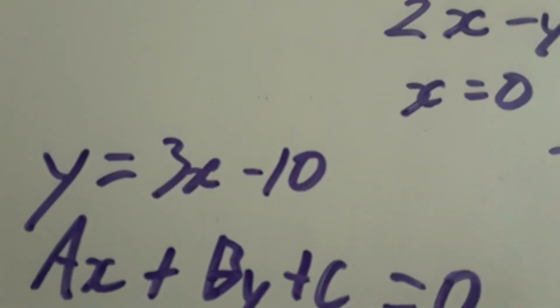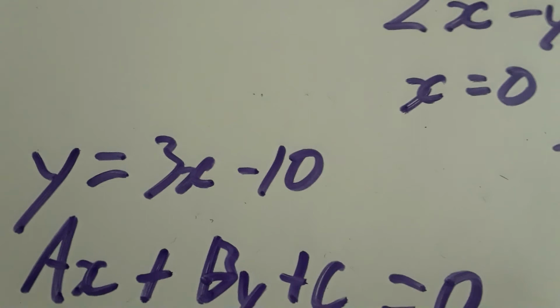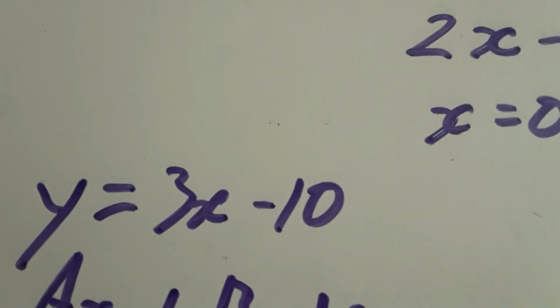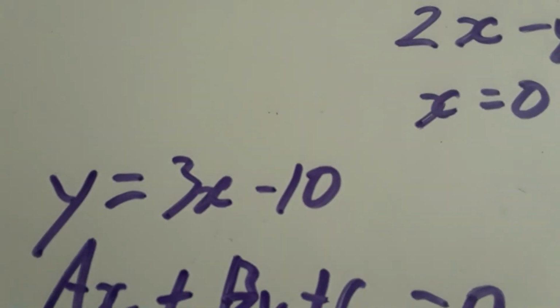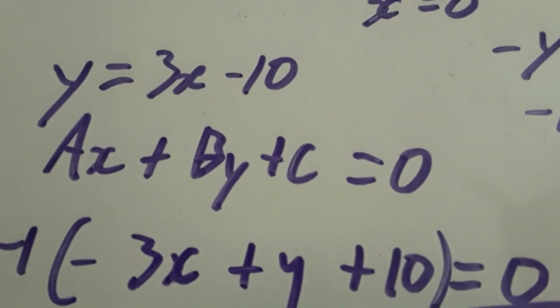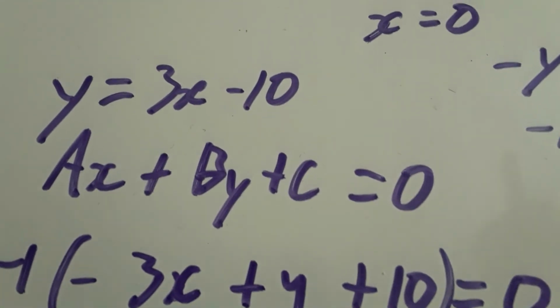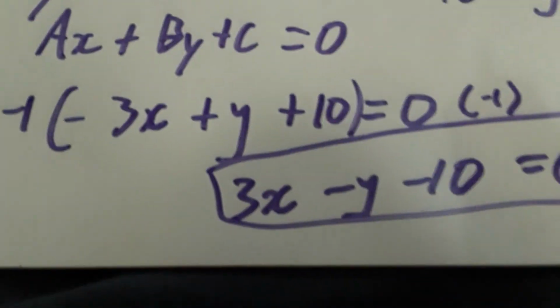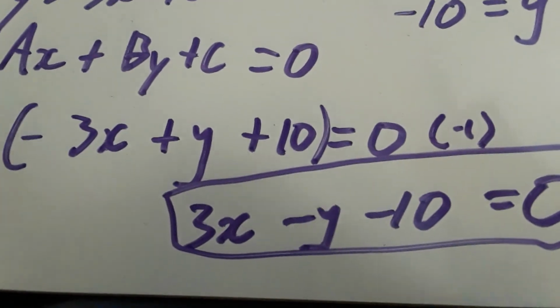We put those two things together to create an equation in slope-intercept form. We put the 3 for the slope, and the negative 10 for the y-intercept. And then all we did was bring those two things over to the other side, 3x and negative 10, and multiply everything by negative 1. And we ended up with our final answer, 3x minus y minus 10.